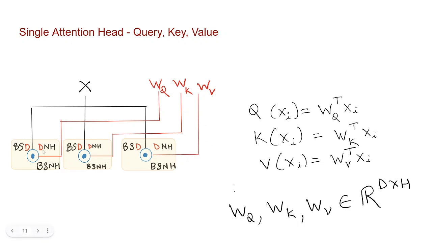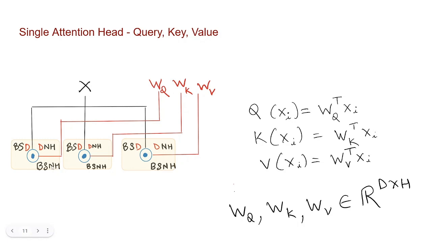One thing to note is that these operations correspond to these here. In general, x can be of shape B S D, and then the weight matrix for query can be of shape D and H. Here I showed you D by H, but there can be more than one attention head. Here I am considering only a single attention head for simplicity. And then multiplying this, we get the output tensor of this shape.